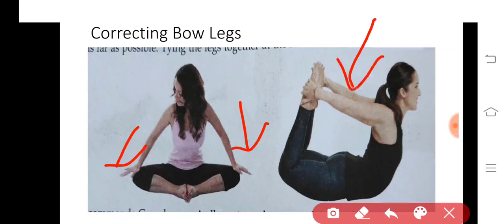This is Ardha Chakrasana, and the child or victim must also perform Ardha Matsyendrasana. Garudasana would also be beneficial in this exercise, in these diseases.